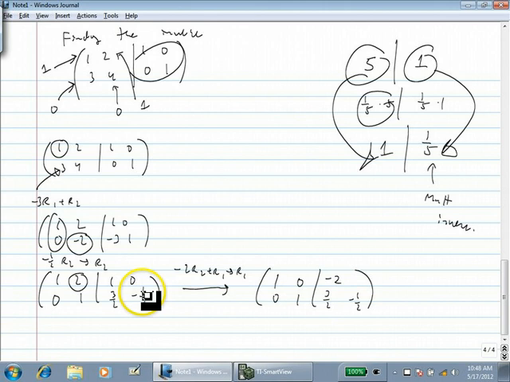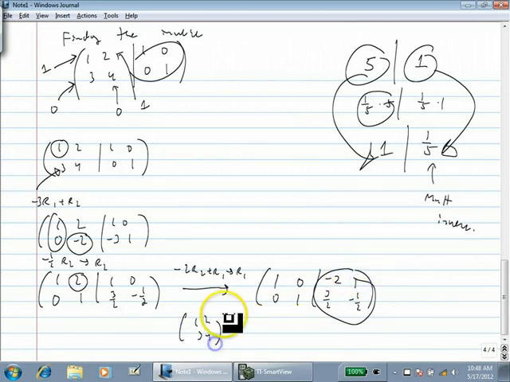And minus 2 times minus 1/2 is 1, added to 0 is 1. And that's the answer. This here is the inverse. So the inverse of 1, 2, 3, 4 equals minus 2, 1, 3 over 2, minus 1/2.